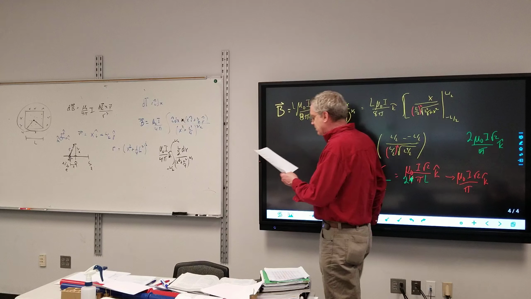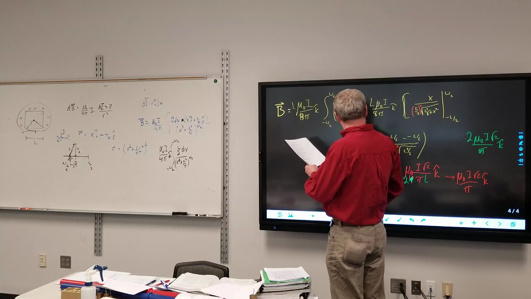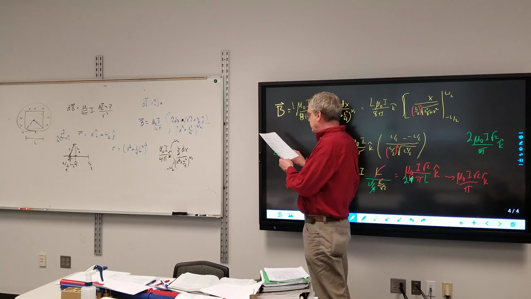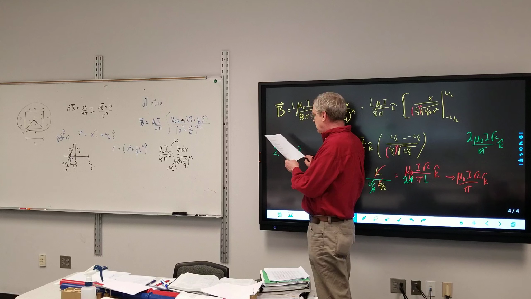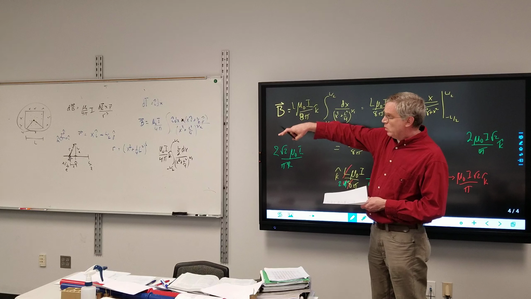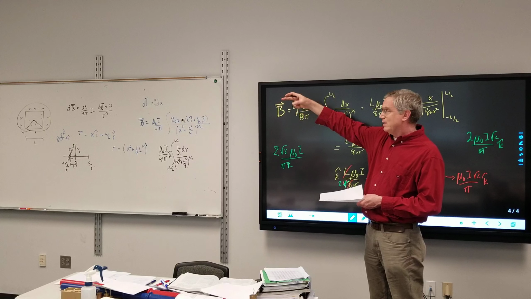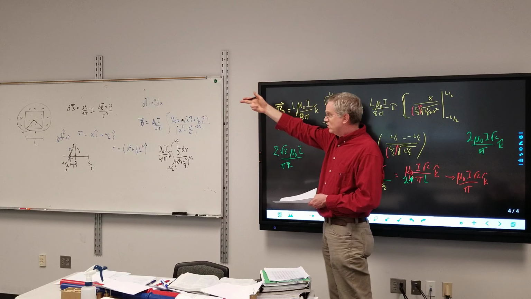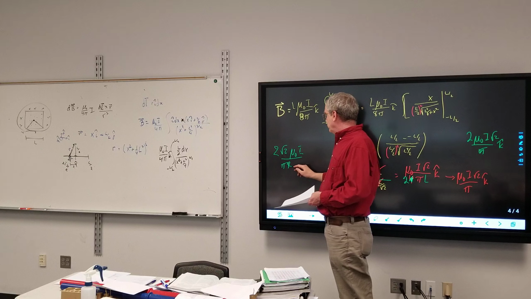They had their answer as 2 radical 2 mu naught I over pi R. R is the distance from the line in question to where the point in question is. So basically it's from the middle of the side to the center, which is L over 2.